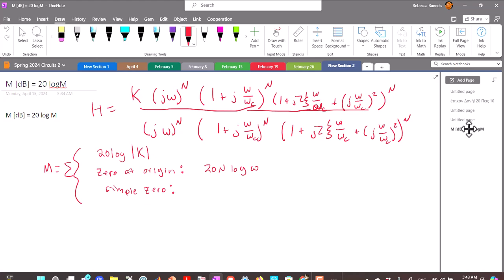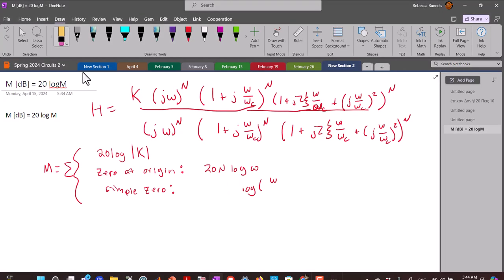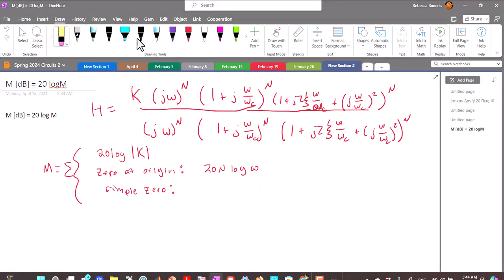it would be 20 n log omega. Actually, a better way to do it is like this: to do it as 10 n log of 1 plus omega over omega c, squared.